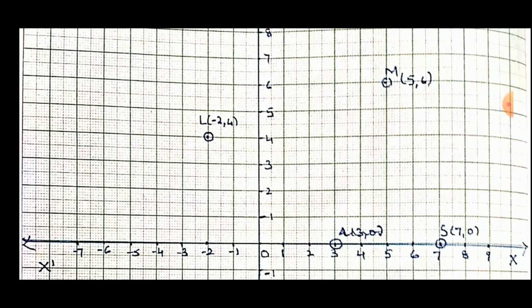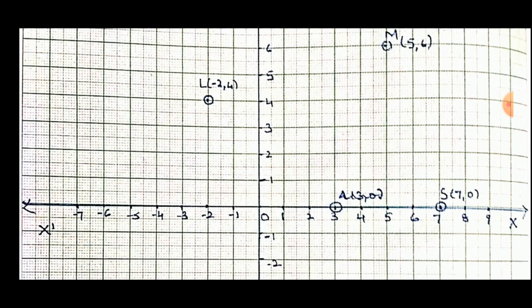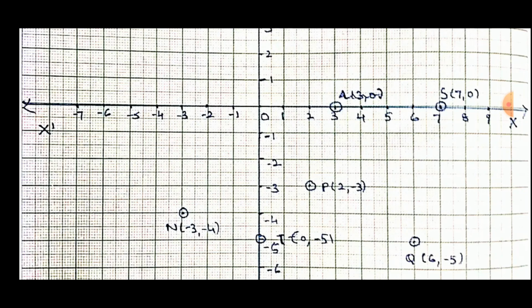Then take a point L, coordinates are (-2, 4). Now on the x-axis take -2, y coordinate is positive, so move up by 4 units, 1, 2, 3, 4. Then take a point N having the coordinates (-3, -4). So on the x-axis, see the x coordinate -3.